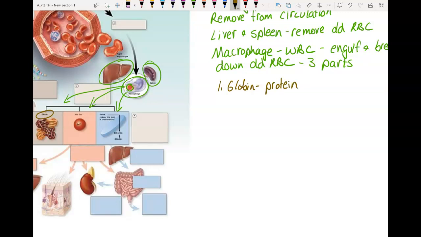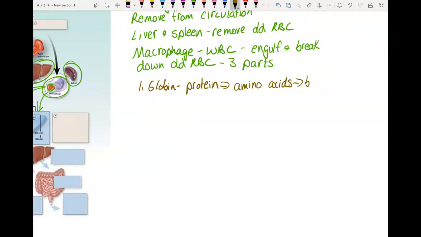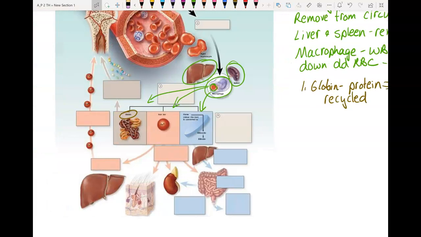So that globin is then broken down into its component amino acids. And amino acids are valuable to your body. So those amino acids just go into your blood and they are recycled. Just like you eat protein to get amino acids, you're also breaking this protein down. So here you can see, here are the amino acids from that globin, and they're being recycled.